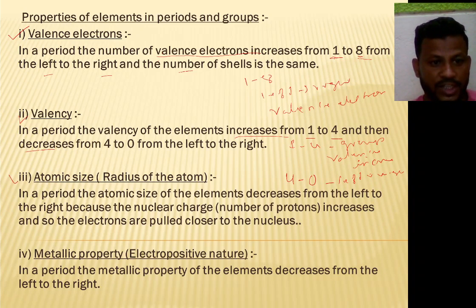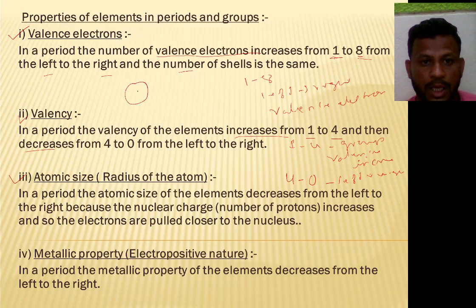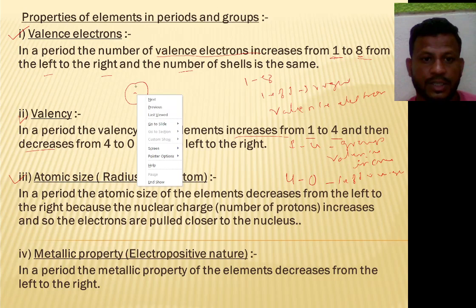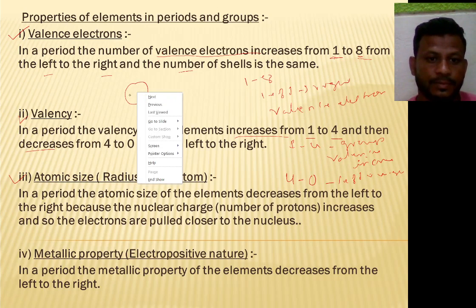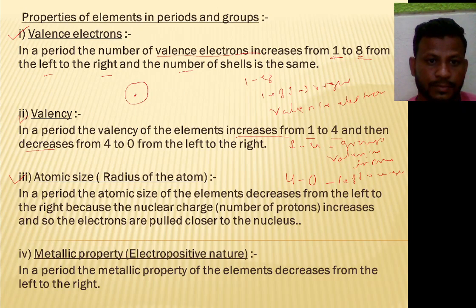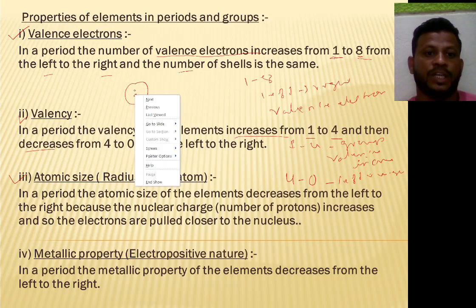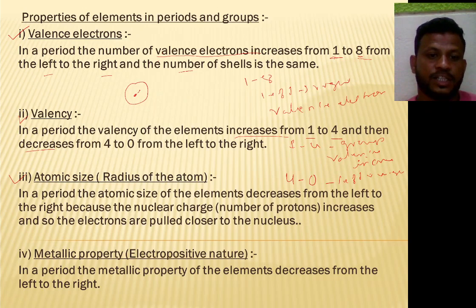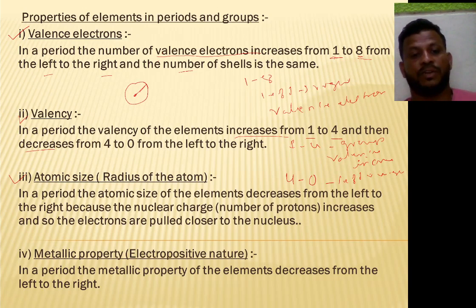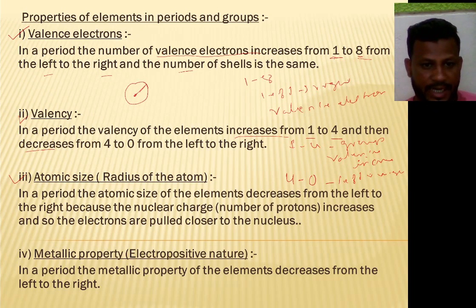And the third point, atomic size, or the radius of the atom. Remember, this is the atom, this is the nucleus. The distance from the nucleus to the circumference of an atom is known as the radius.